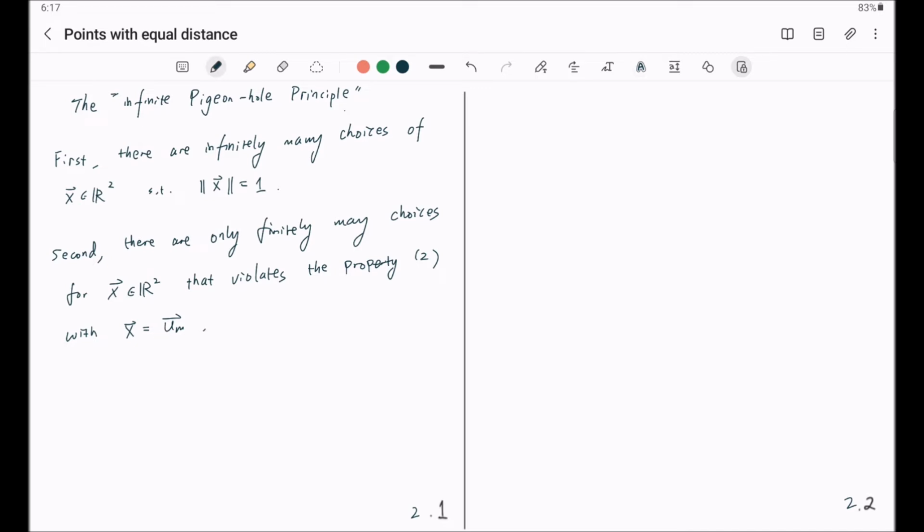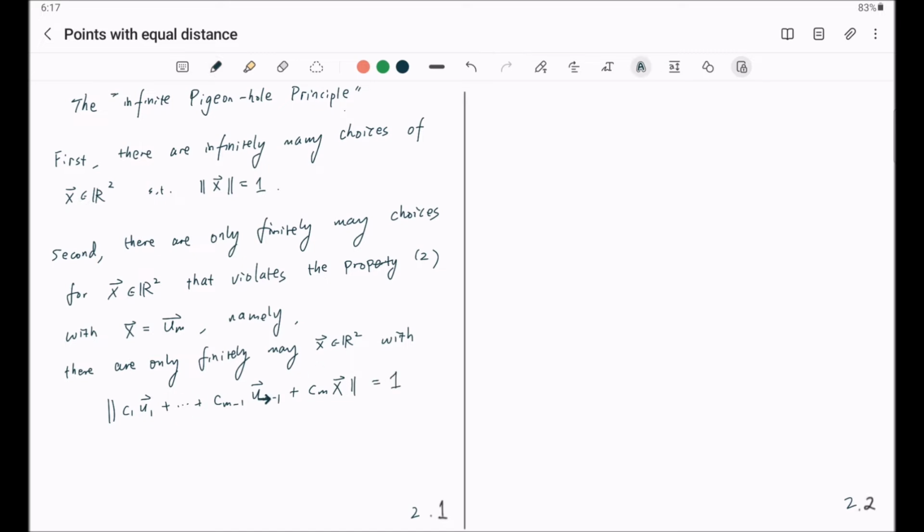By this we mean there are only finitely many x in R^2 with the length of the combination equal to 0 or 1, for some c_1 through c_m in -1, 0, 1 with at least 2 of them non-zero.